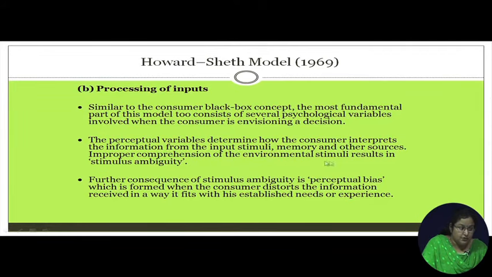Improper comprehension of the environmental stimuli may result in stimulus ambiguity. A further consequence of stimulus ambiguity is perceptual bias, which is formed when the customer distorts the information received in a way that fits with established needs or experience.